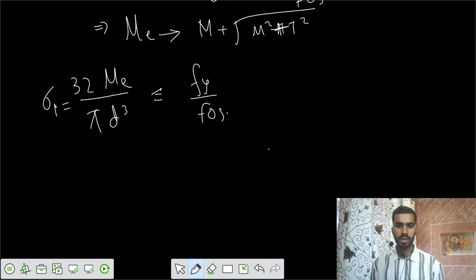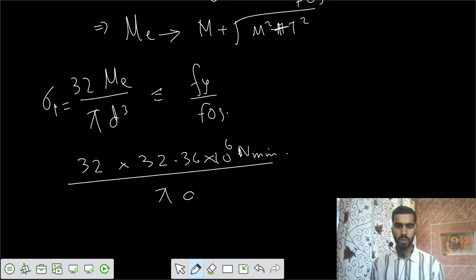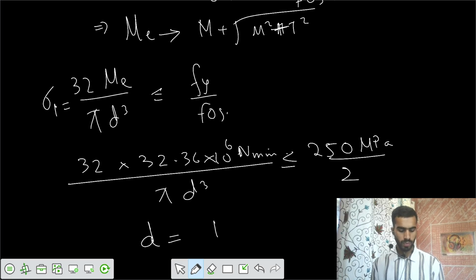So you write 32 into 32.36 kilonewton meter, in Newton millimeter, divided by pi d cube, that should be less than or equal to the yield stress 250 megapascal divided by factor of safety 2. So you get the diameter should be greater than or equal to 138.179 millimeter.